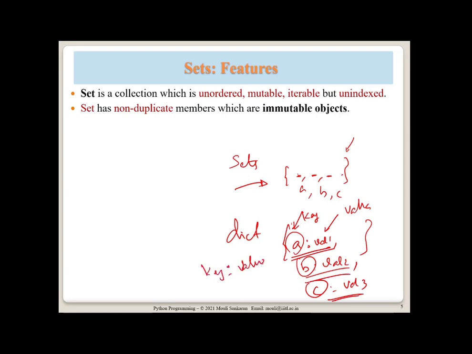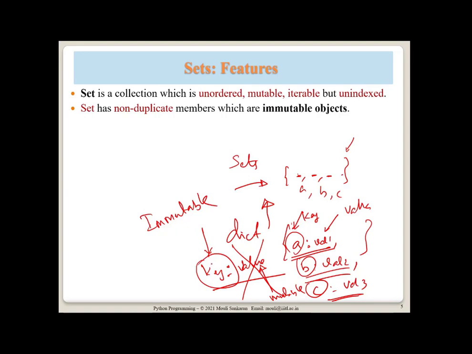separated by colon. Now what is the uniqueness of the key? Key has to be immutable. Value can be mutable in a dictionary. Okay. Now we can derive a set from a dictionary by knocking off the values.